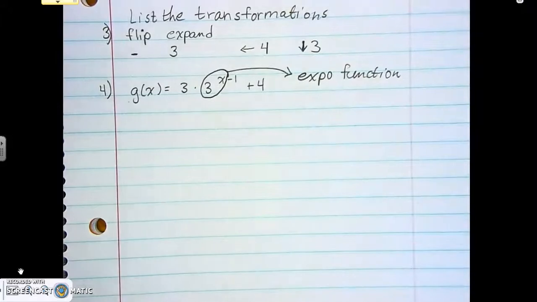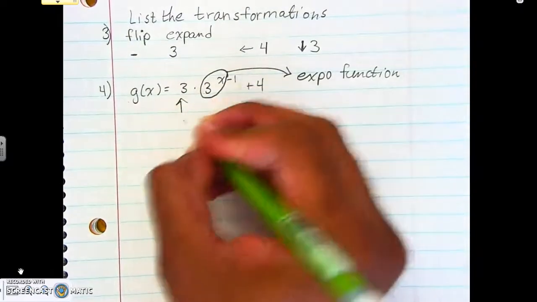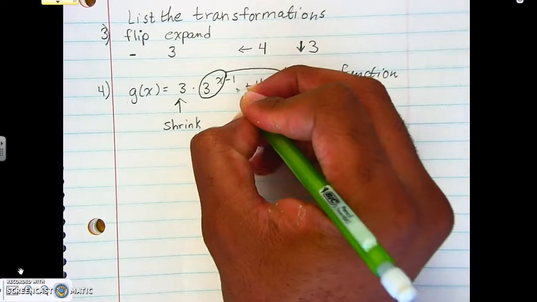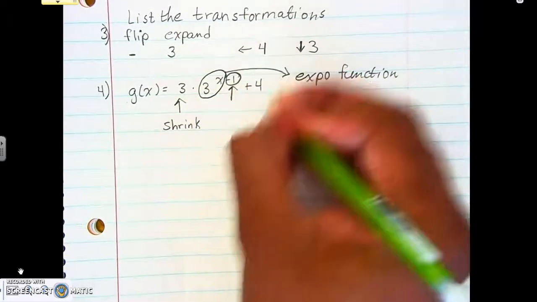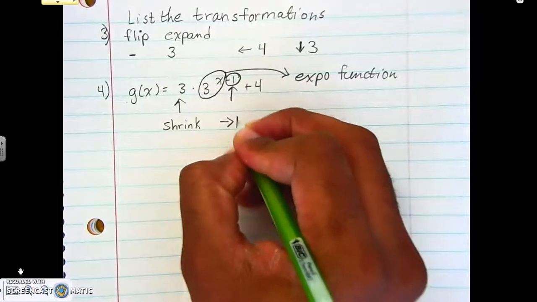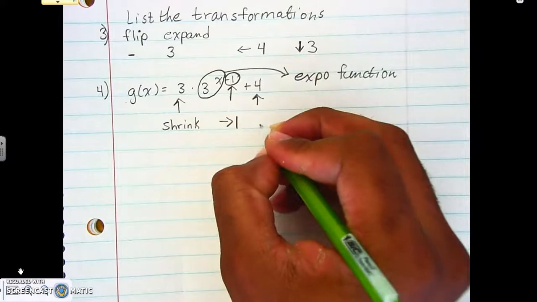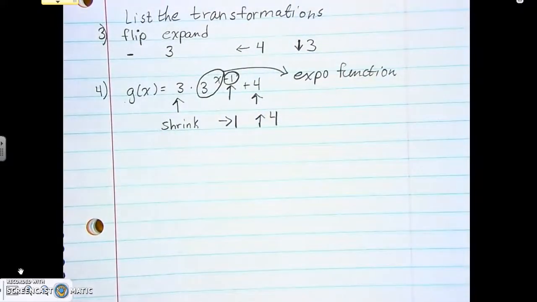So you do not do anything with that. You don't touch it. That's not a transformation at all. Everything else is. So here, that 3, remember, if it's greater than 1, it shrinks for exponential. For the 1 here, since it's a negative, it's going to go right 1. And then that 4 in the back is going to go up 4. And that's it. That's all you got to do.